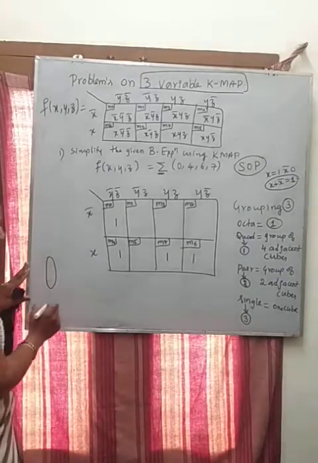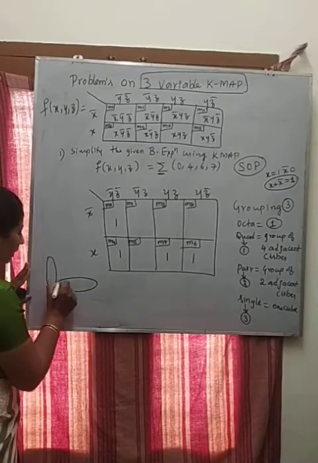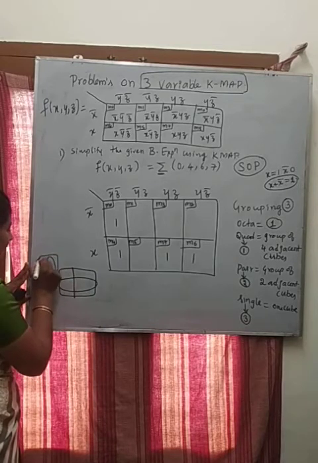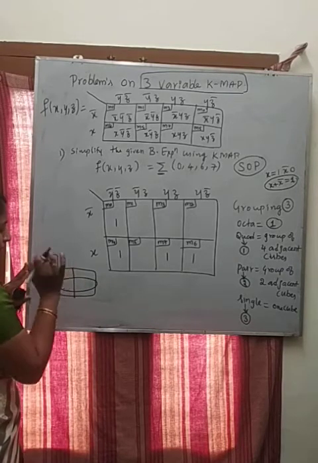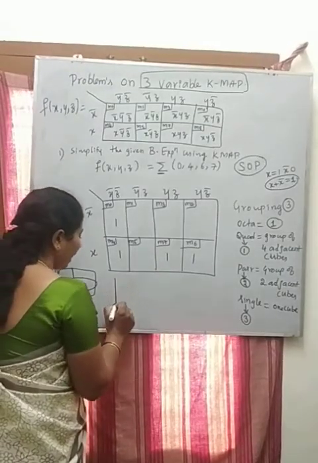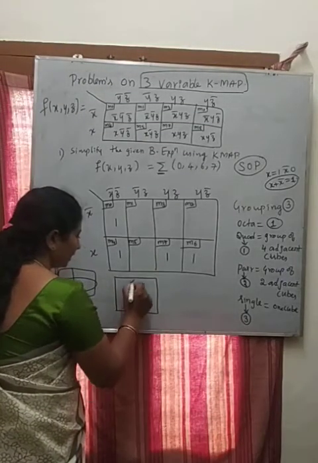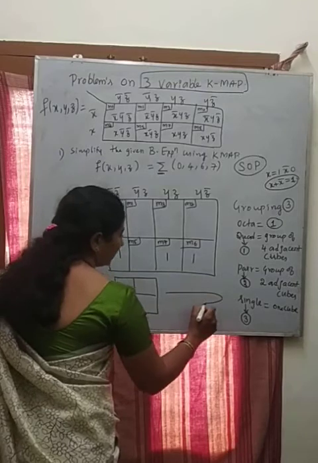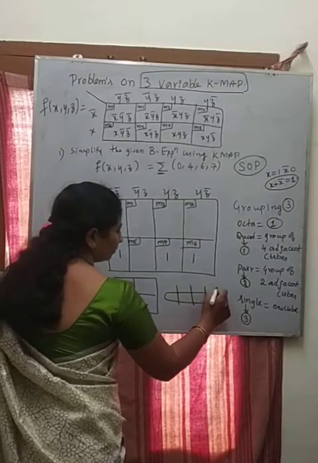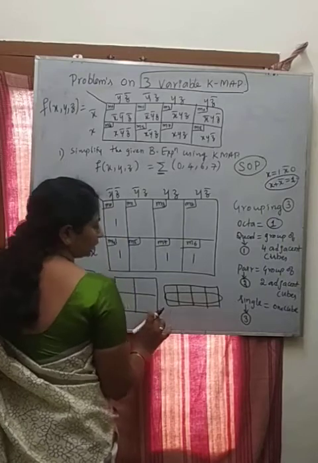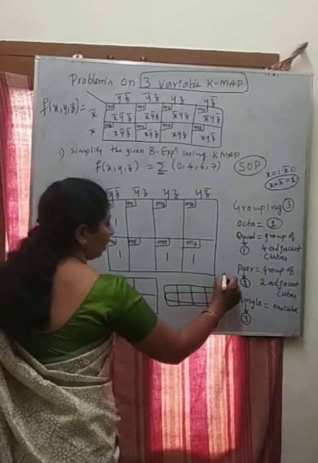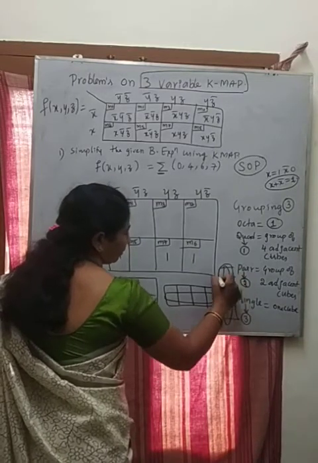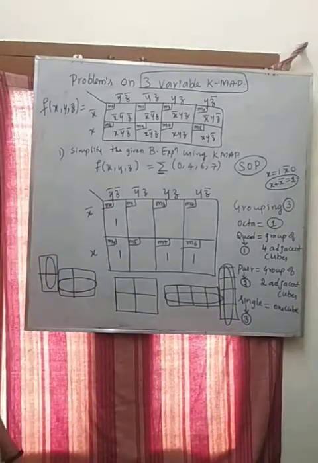Either horizontally or vertically, 2 cubes gives you a pair. Quad gives you 4 adjacent cells, either 4 horizontal or 4 vertical adjacent cells gives you quad.